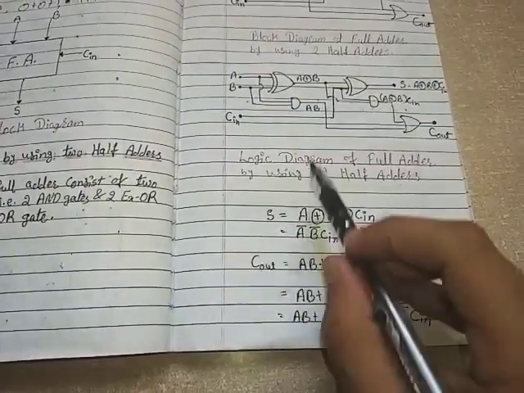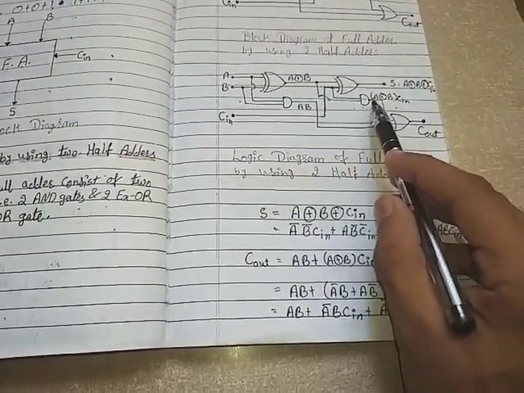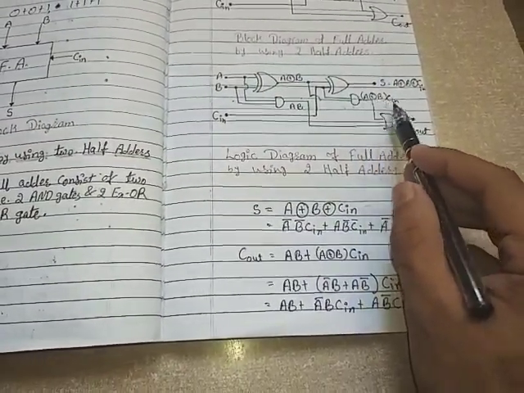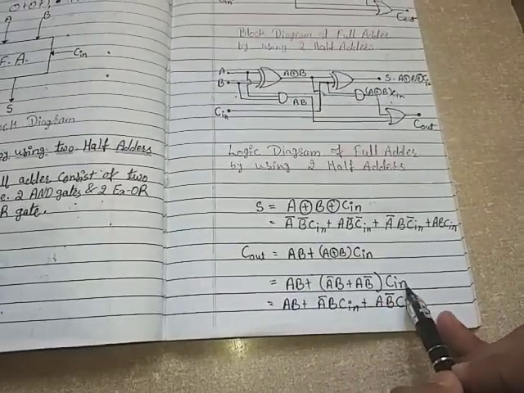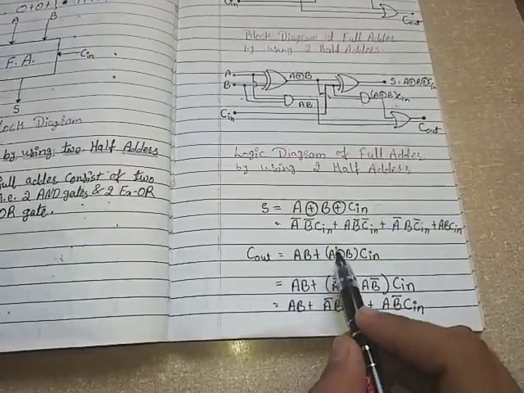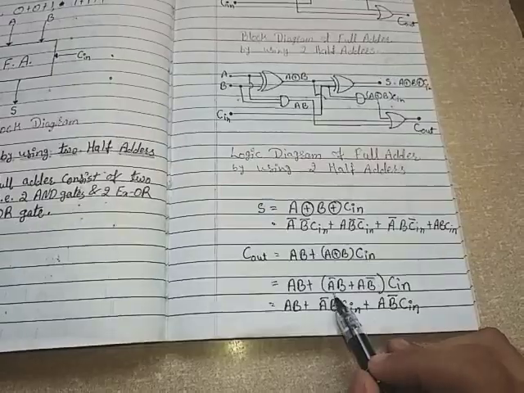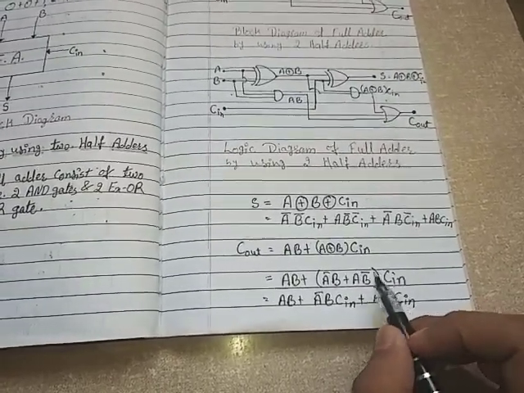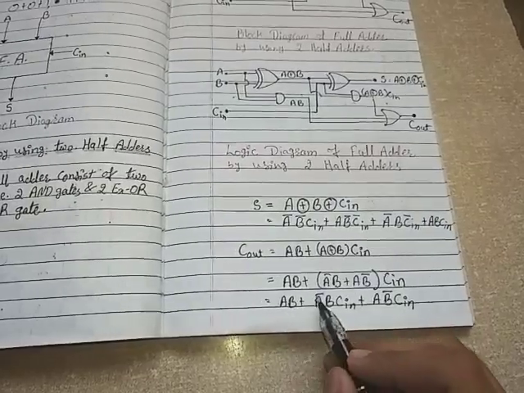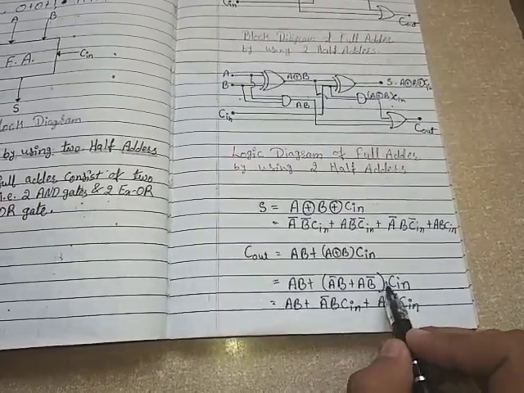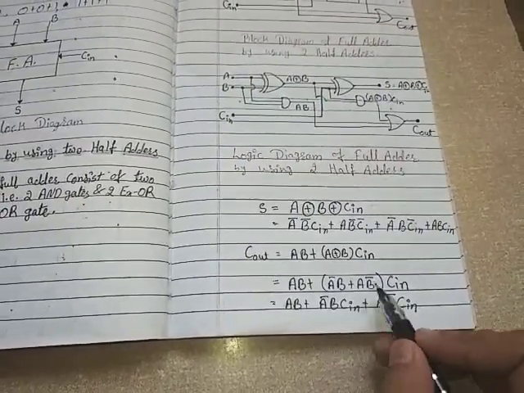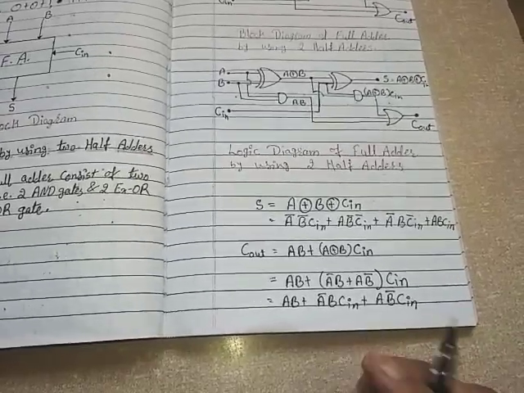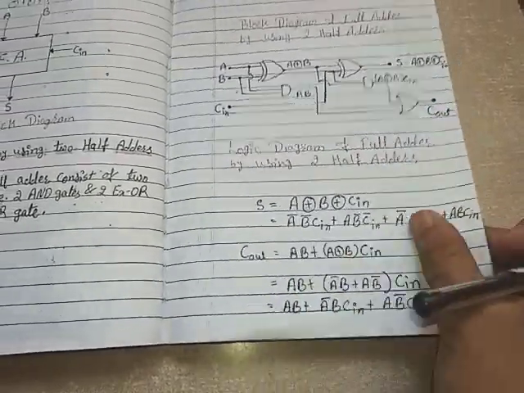The cout is AB plus A XOR B C in. Now if I open this, I will get A XOR B, that is A bar B plus AB bar. Then I will multiply this, so I will get AB plus A bar B C in plus A B bar C in.